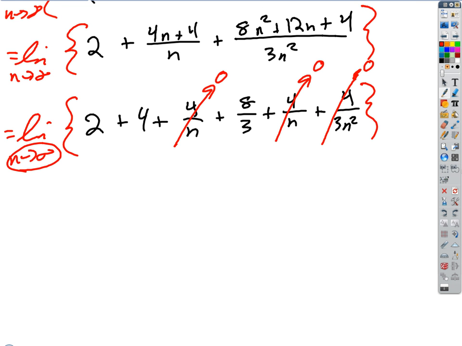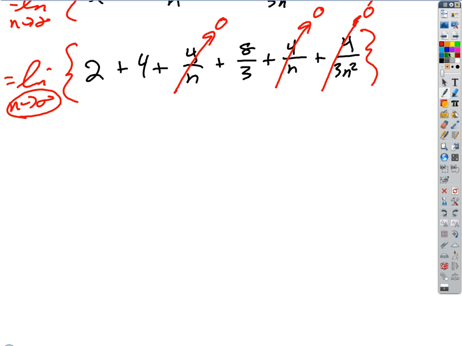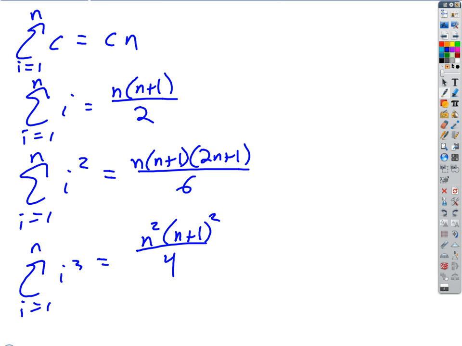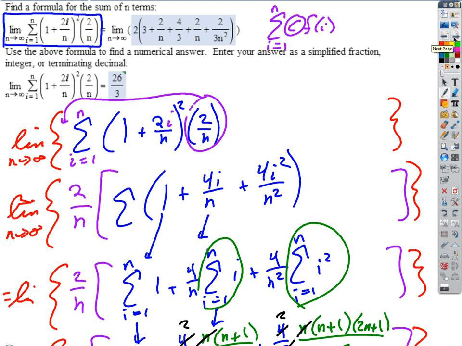Right, makes sense. And so we end up with only these constants surviving. Our original expression, if we go back a couple pages, right there, we were supposed to expand this as a limit, simplify it as a limit in terms of n.